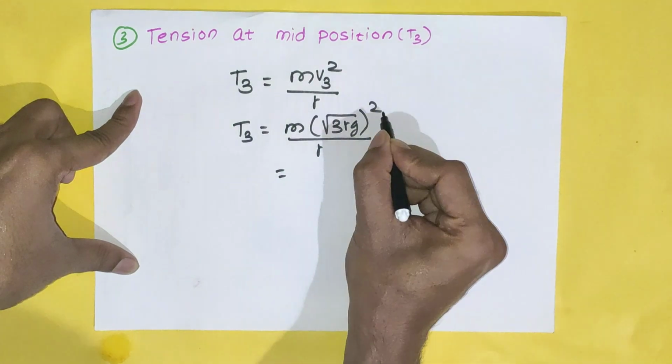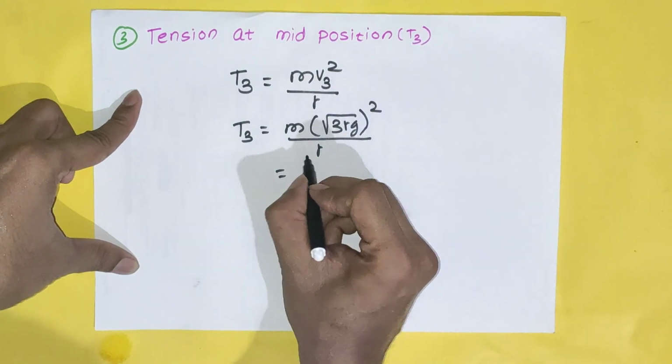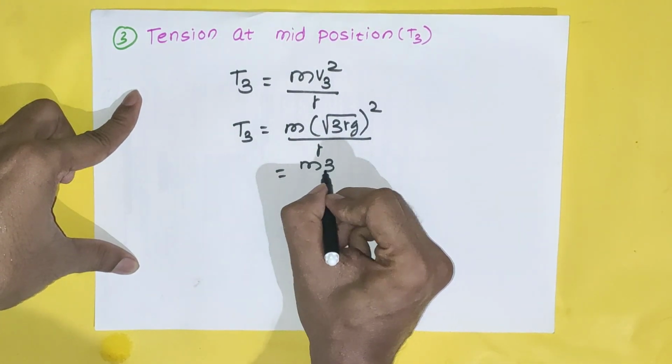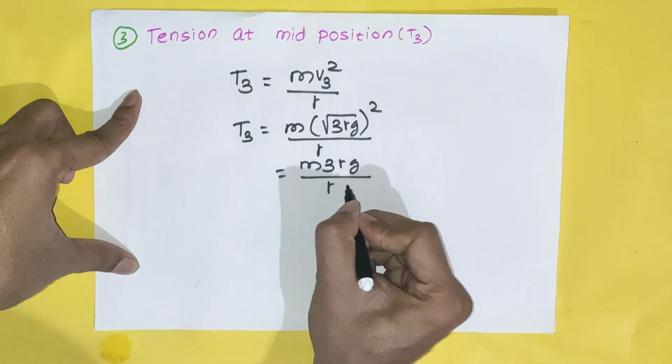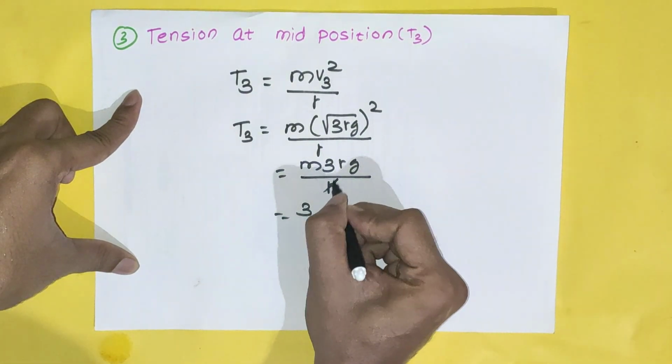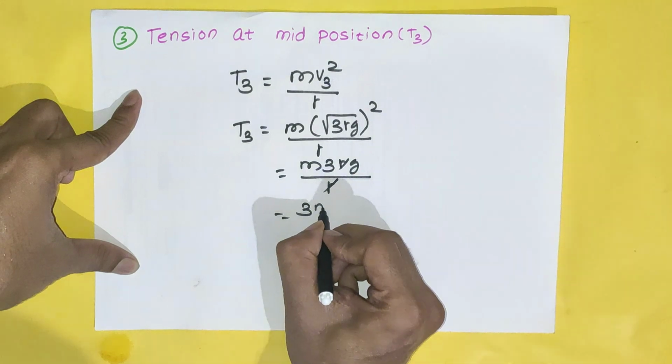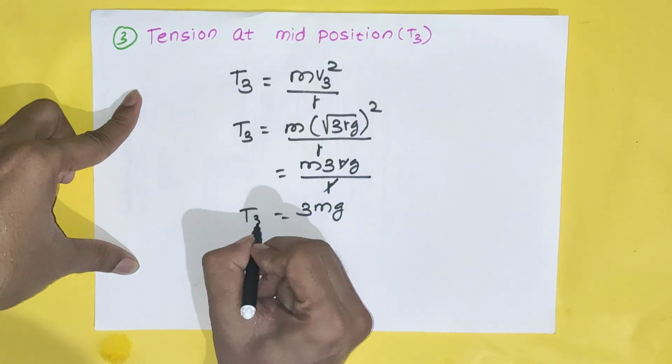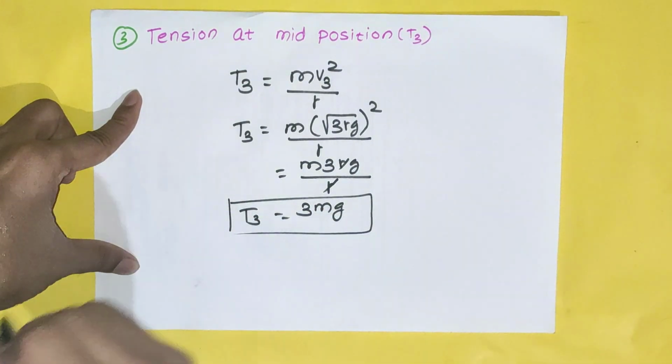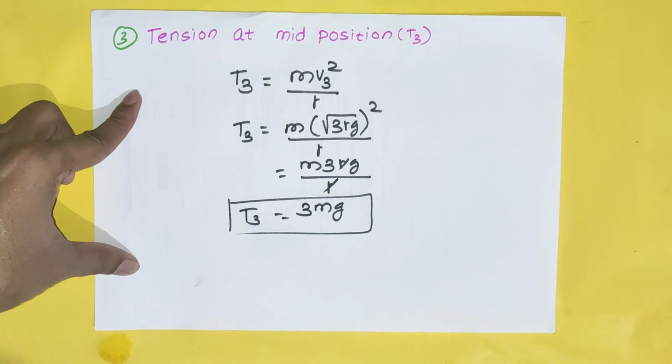Now the square and square root will get cancelled, and r and r will also get cancelled, so it will be 3 mg. So tension at mid position is 3 mg.